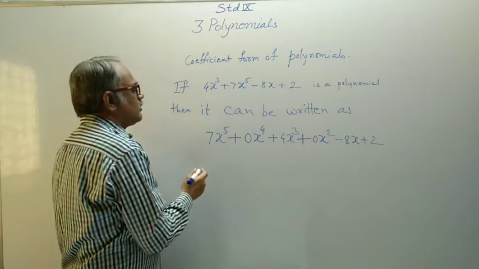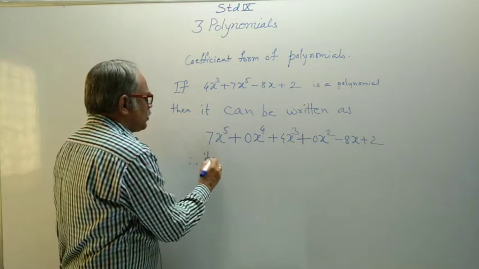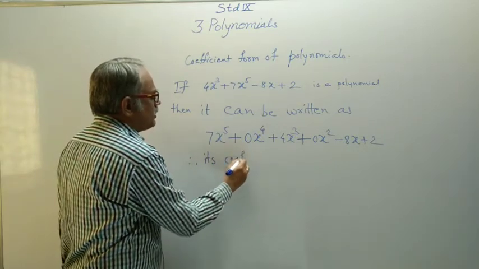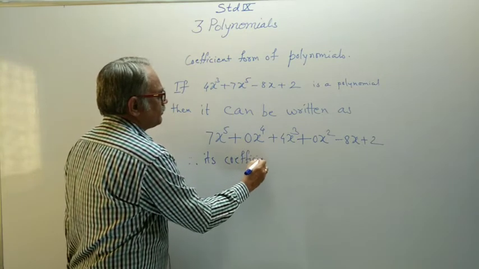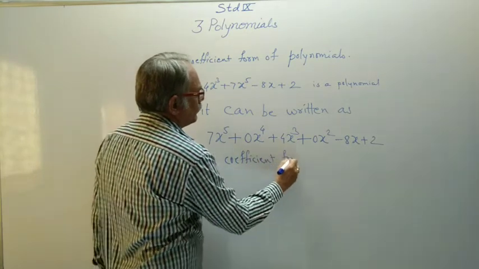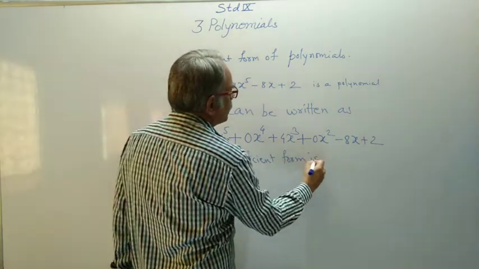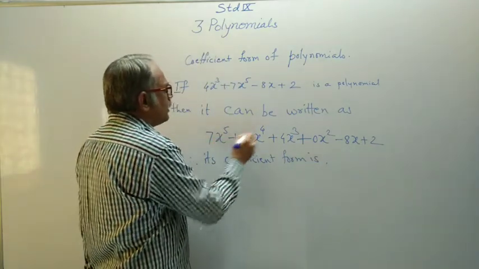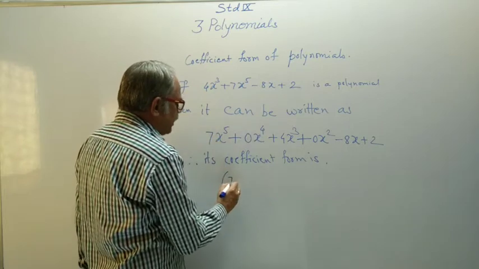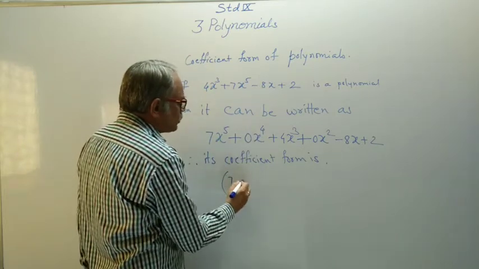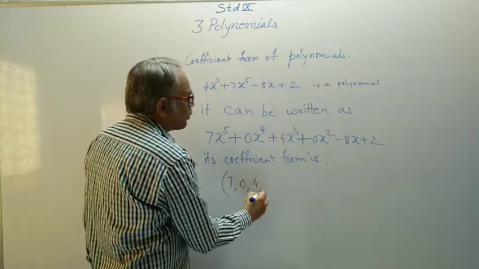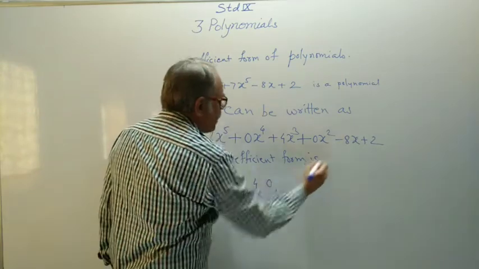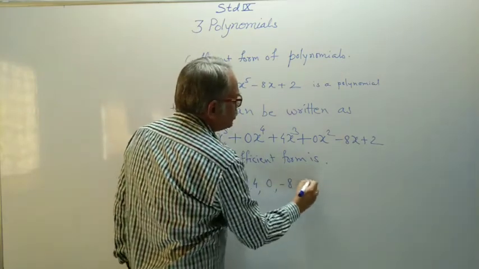Now coefficient form. To get coefficient form, we have to write coefficients of the variable with commas: 7, 0, 4, 0, -8, 2.